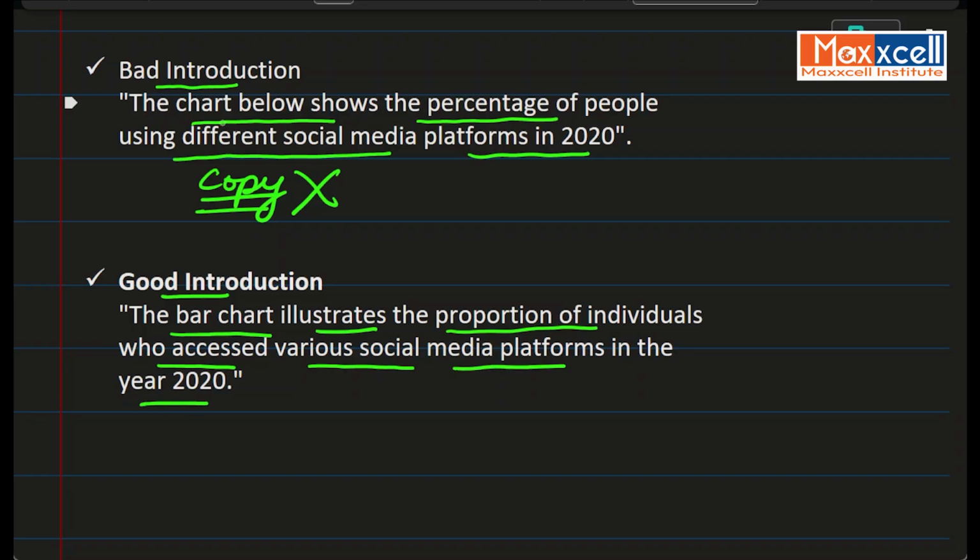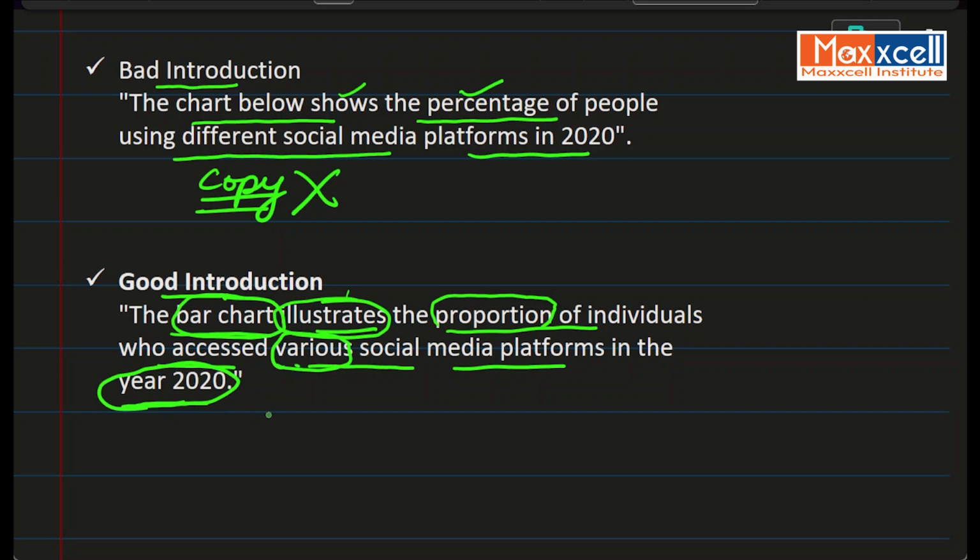Do you see here, instead of saying the chart shows, you are saying the bar chart illustrates. The word percentage has been changed, and we have taken proportion here. Then you have said who accessed, various, social media platforms, which remains the same, and in 2020 has been alternated with the year 2020.